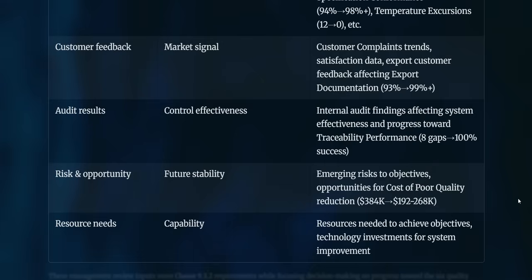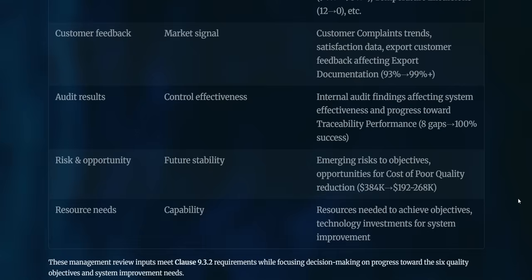The objective focus with our resource needs includes resources needed to achieve objectives and resources needed for technology investment for system improvement. These management review inputs meet clause 9.3.2 requirements while focusing decision making on progress towards the quality objectives and system improvement needs.